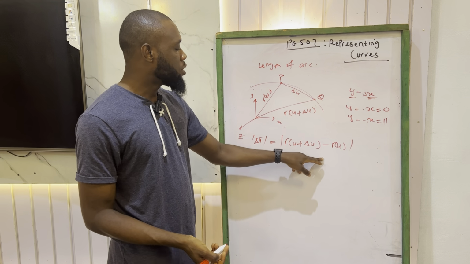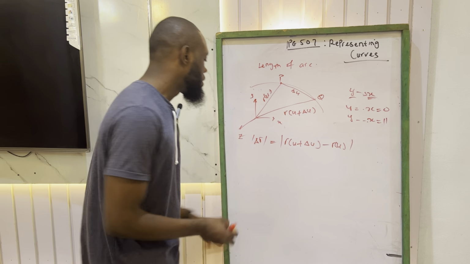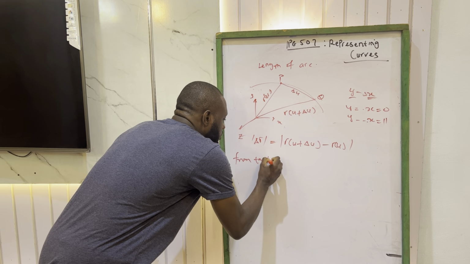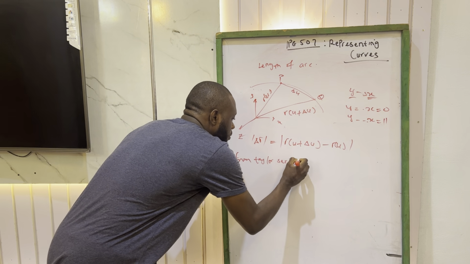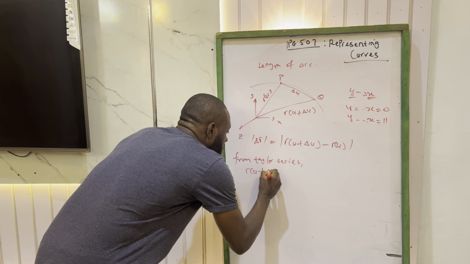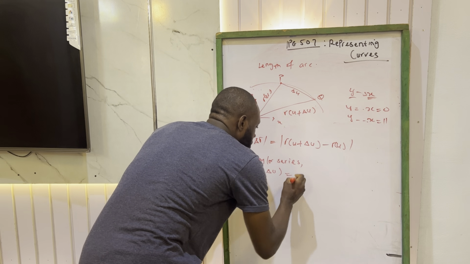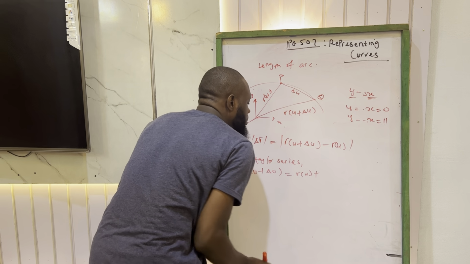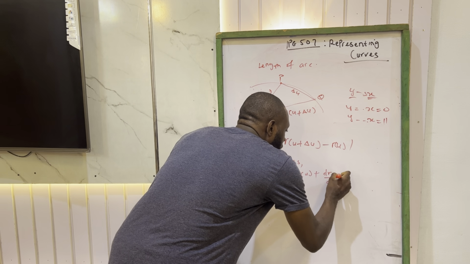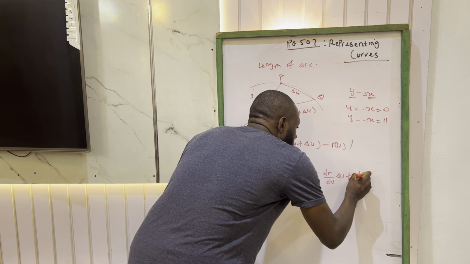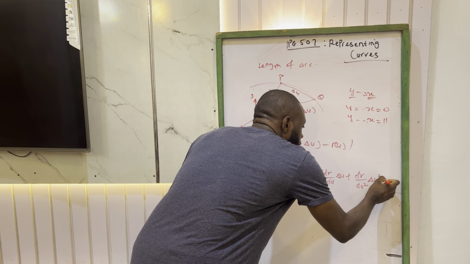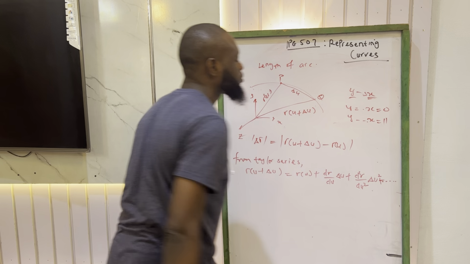So how do we evaluate this? Then we use Taylor series. From Taylor series, our r of u plus delta u can be said to be what? r of u plus dr/du times delta u plus d2r/du squared times delta u squared, and so on and so forth.